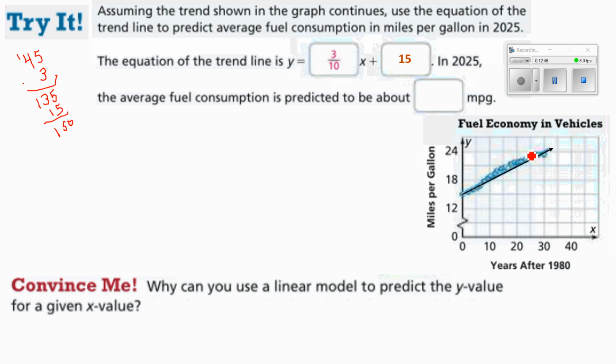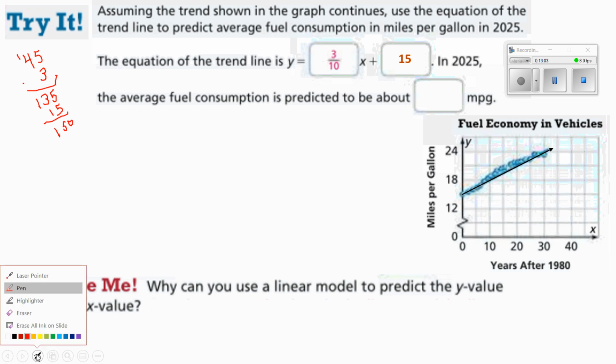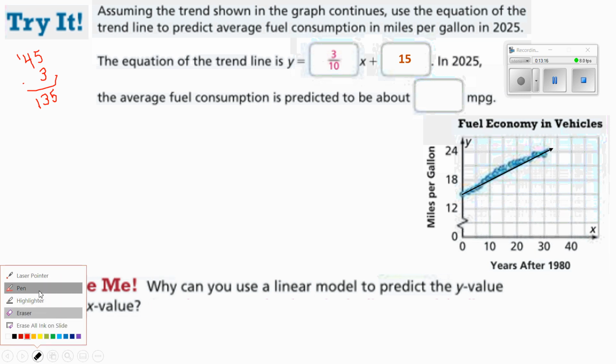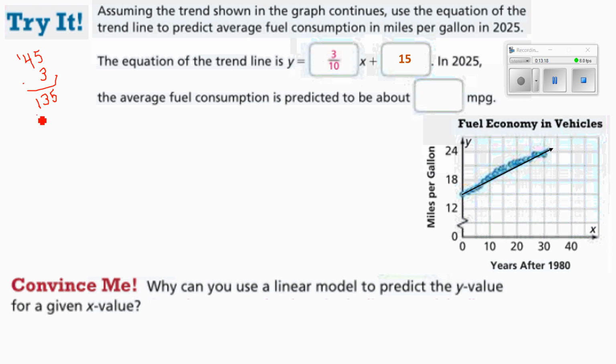Is that right? Let's see. Oh, I'm sorry. Is this? Yeah, this is 115. Oh, I'm sorry. I didn't divide by 10. I have to go ahead and correct this. Glad I caught it before I continued. So when I divide this by 10, that's going to bring the decimal point over.